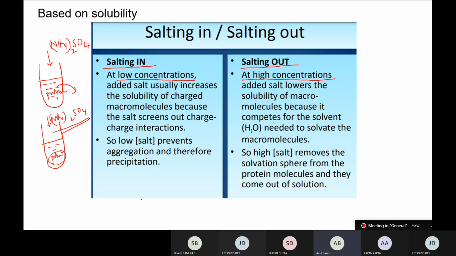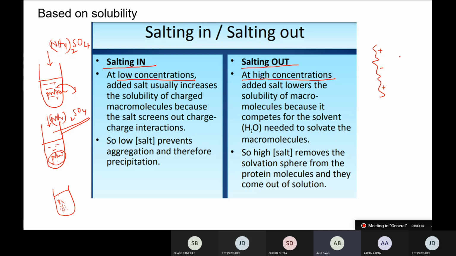First of all, basically when you have proteins in water, protein surfaces have charges, because of the charges present in the side chains of the amino acids. Now if you add a little salt, there will be ionic interactions. Suppose I have a protein which looks like this, with a positive charge here, a negative charge here, and a positive charge here.